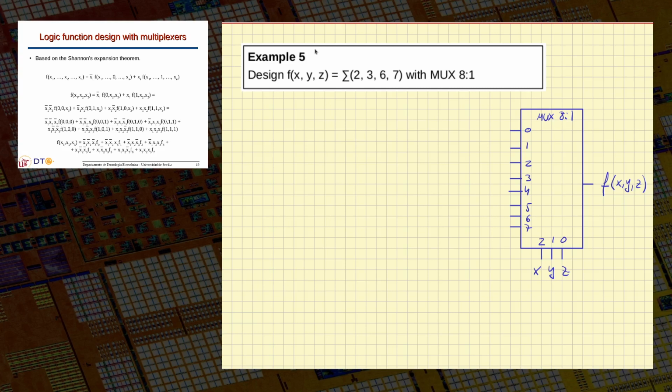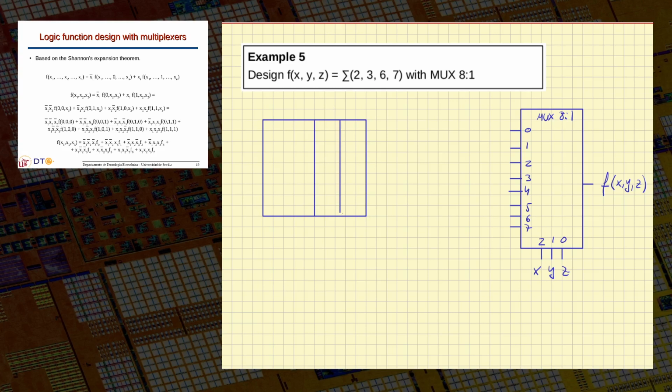I will use a Karnaugh map in this case, so I will represent my function in a Karnaugh map. A truth table is also possible. There are many possibilities, but because we are already used to representing things with the Karnaugh map, I will use that.